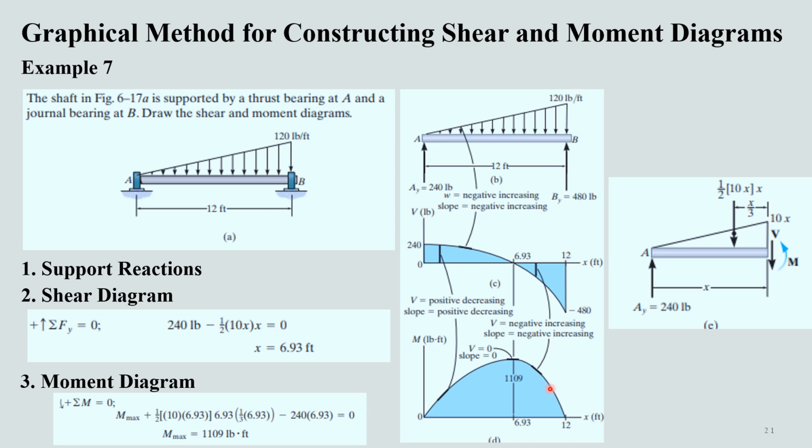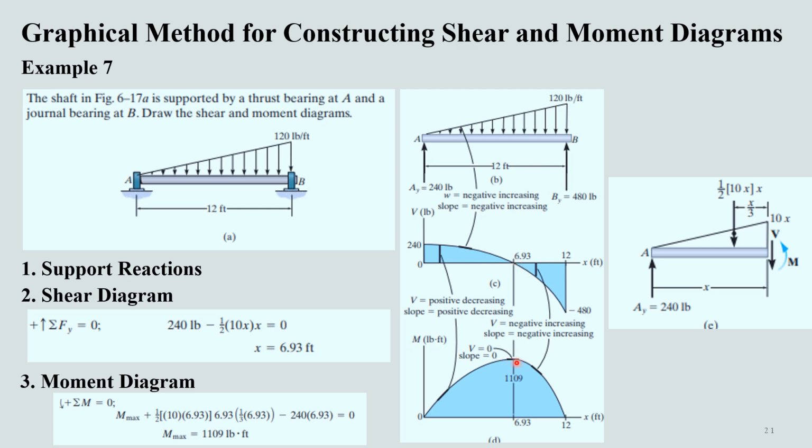For the moment diagram, we have to consider this thing, that the moment diagram will start from 0, and it will have a positive slope or an increasing slope till this point 6.93 feet, where it will become 0.